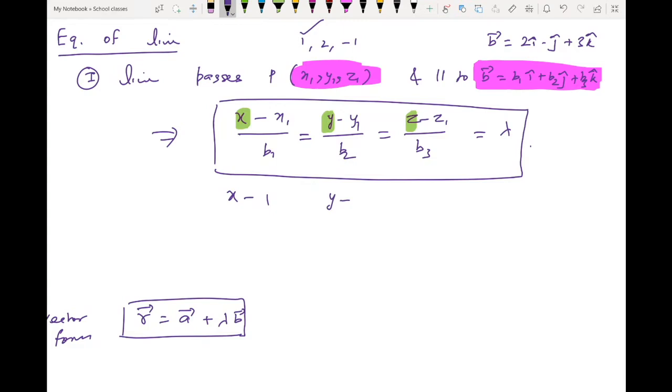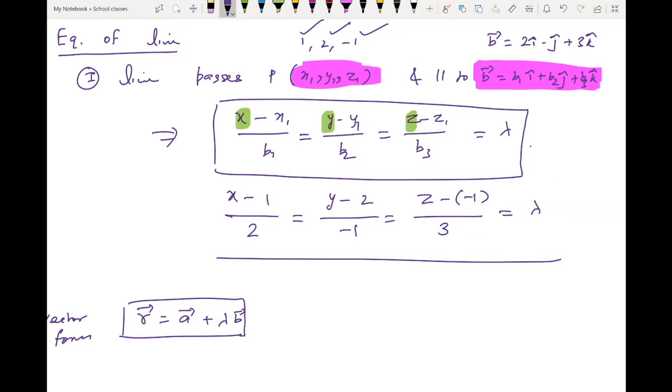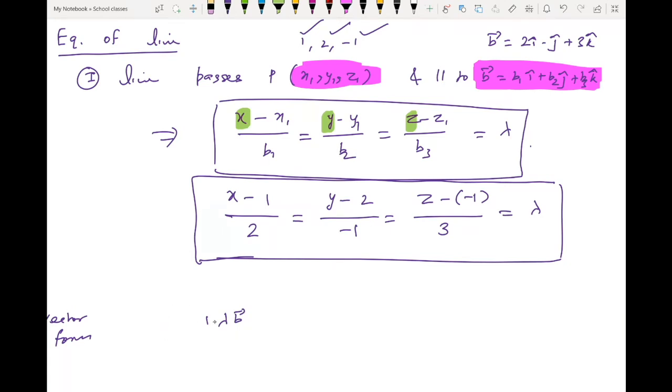Now y minus y1, which is 2. z minus z1, which is minus 1, divided by b1, b2, b3. b1 is 2, b2 is minus 1, b3 is 3. They all are equal to lambda. So this is the equation of the line in Cartesian form. Is there any doubt?